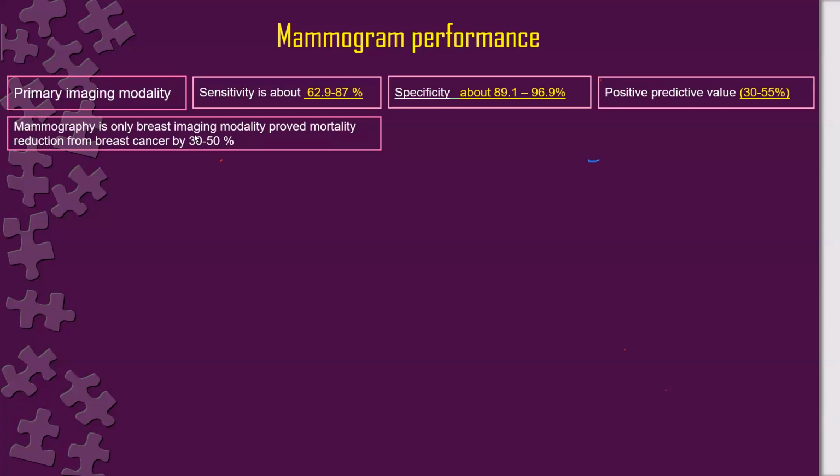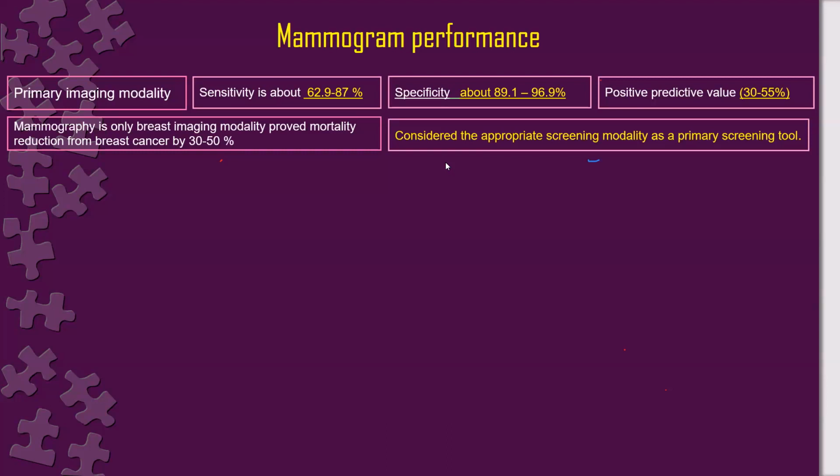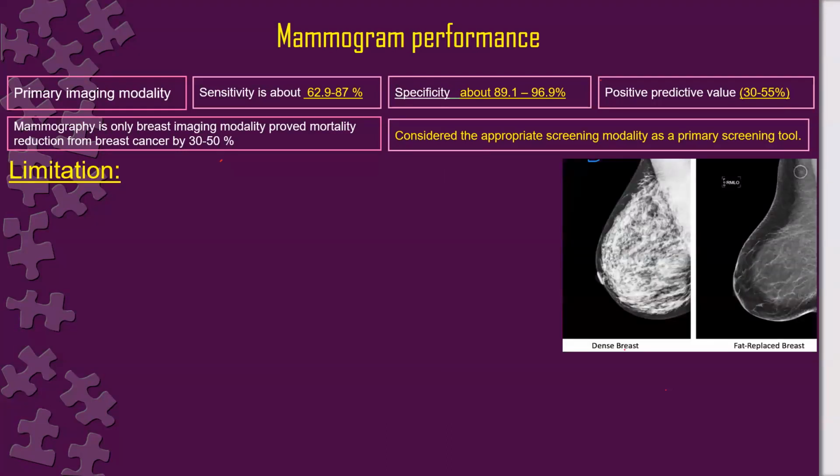Mammography is the only breast imaging modality proven to reduce mortality from breast cancer by up to 50%. That is why it is considered an appropriate screening modality and a primary screening tool.